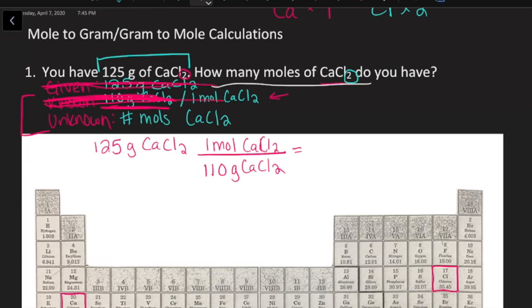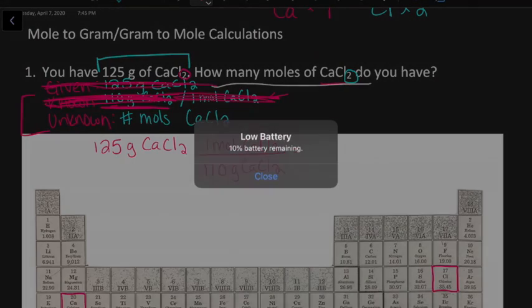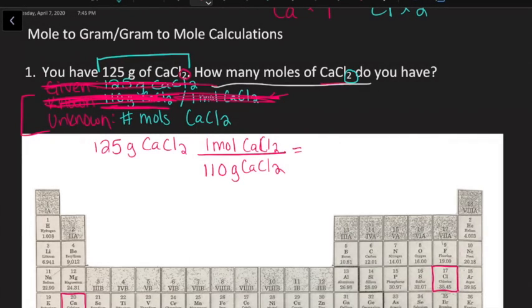And then that's going to answer the question. So take your calculator. You would do 125 grams times 1 mole divided by 110. So I'm going to do that now on my calculator. And I get 1.14, because I'm rounding up, 1.14 moles of CaCl2. That is my answer.